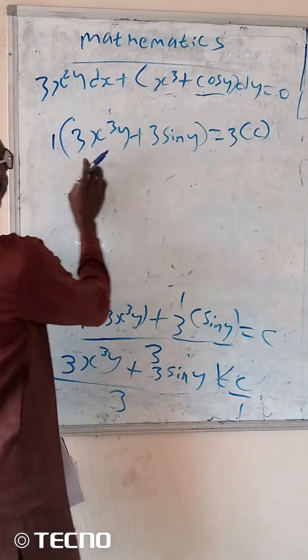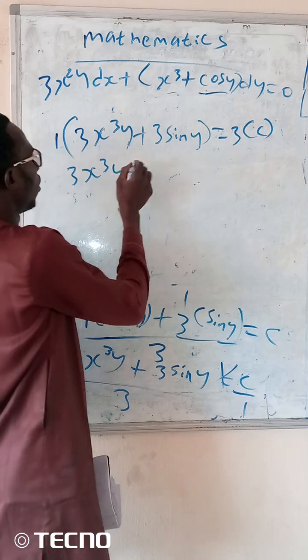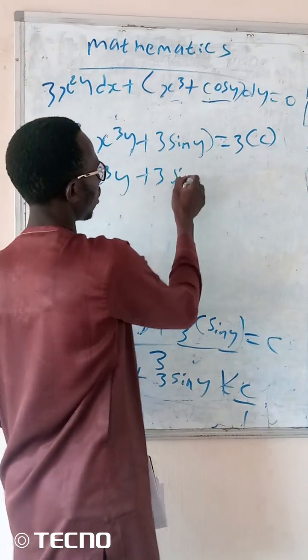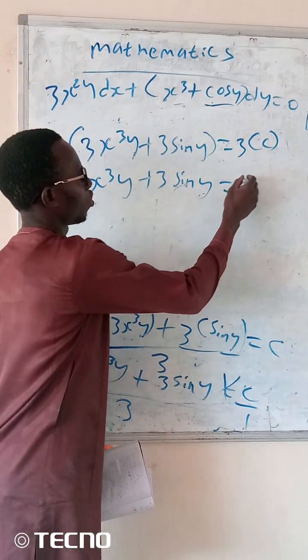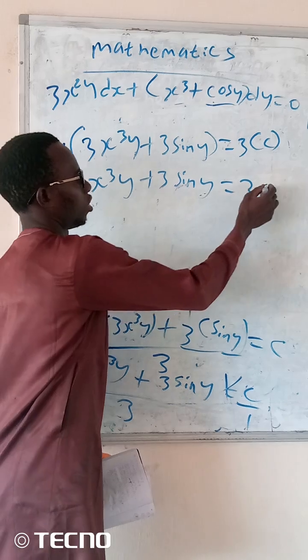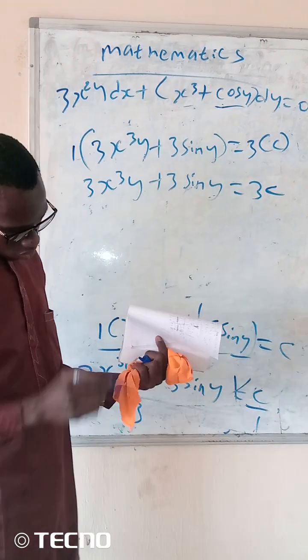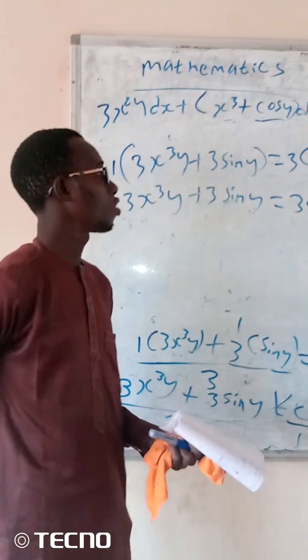So 1 multiplied by everything here is 3x²y plus 3 sin y, equals 3 multiplied by the constant, 3c.